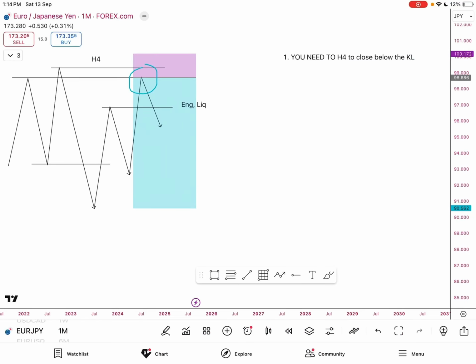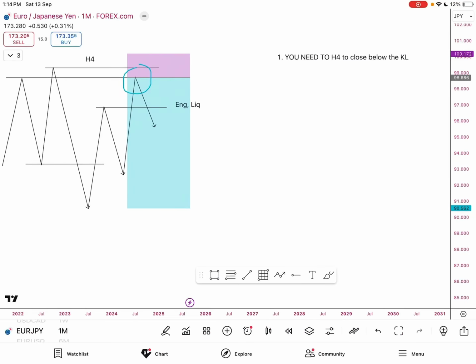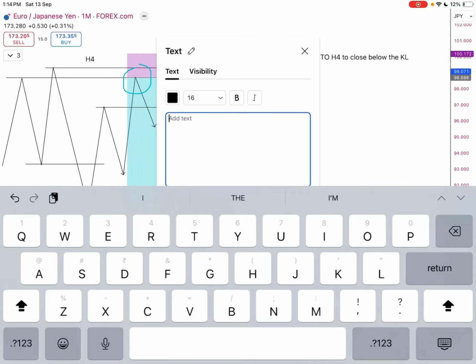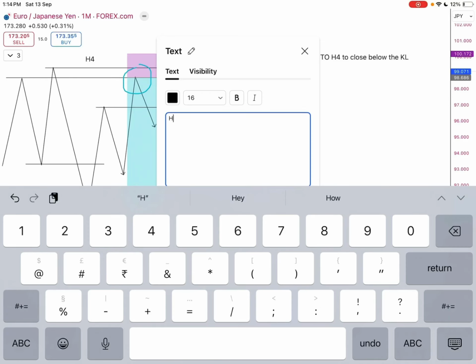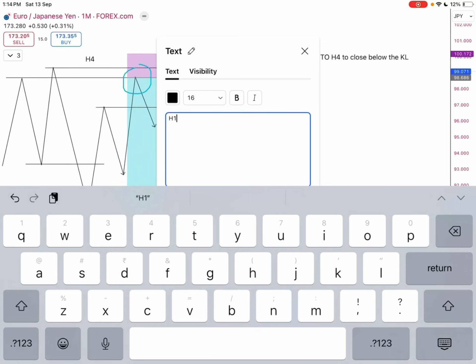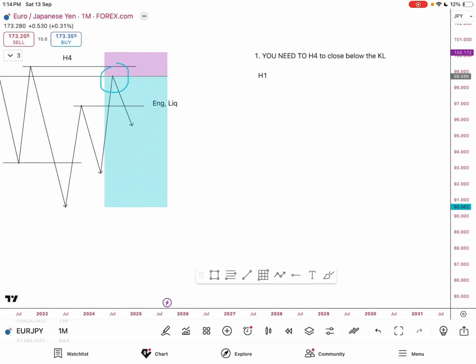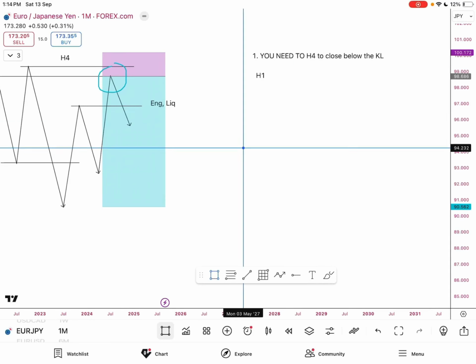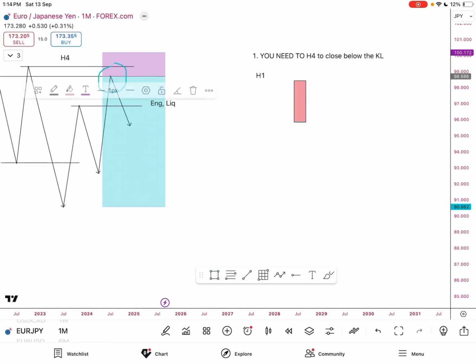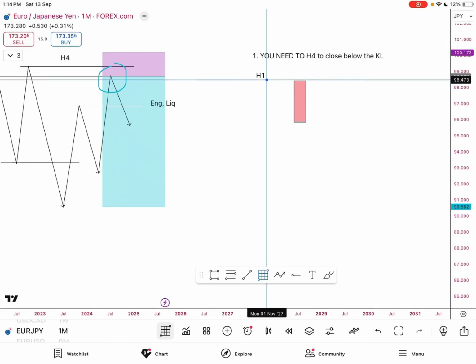Okay, the second thing we need to consider is that we need to go for the H1 time frame. In the H1 time frame, the structure, like this is the one candle which is from the H4 key level.